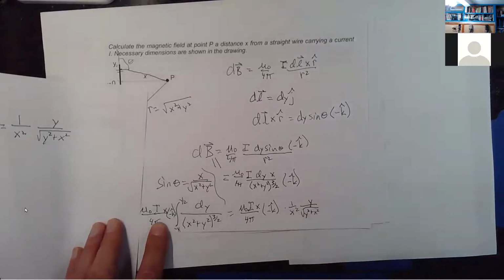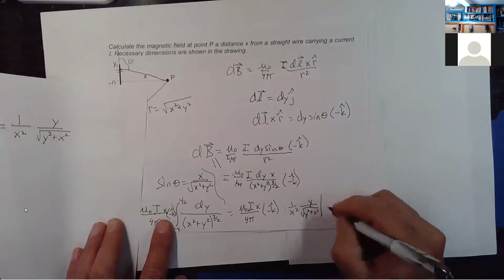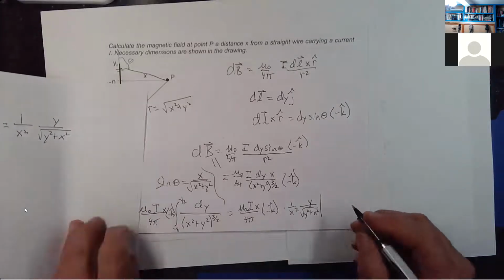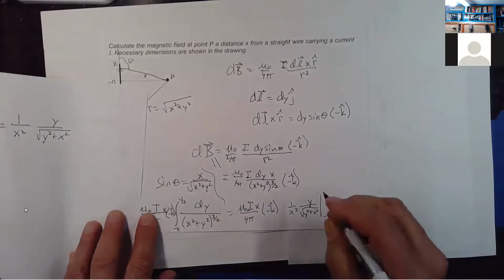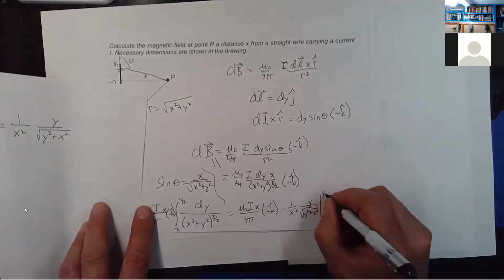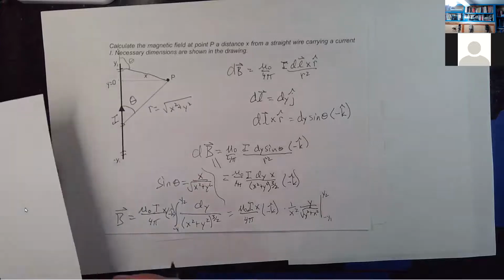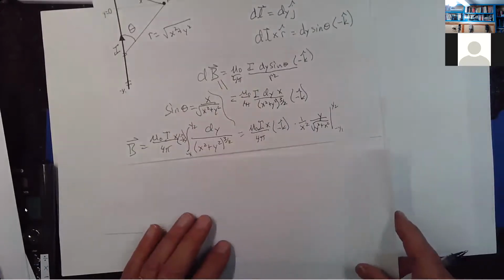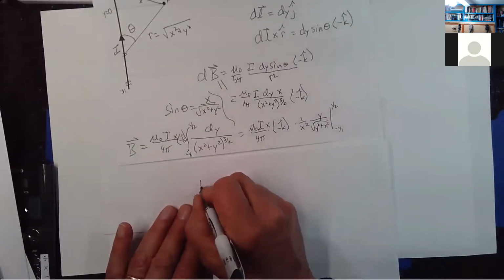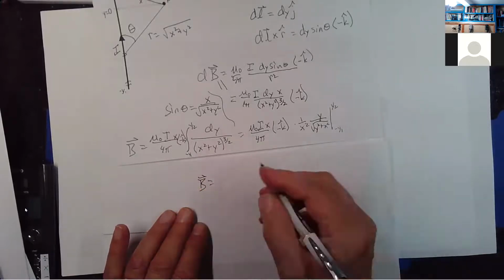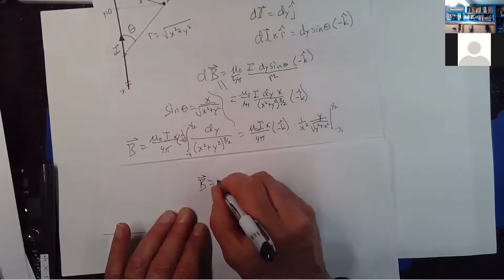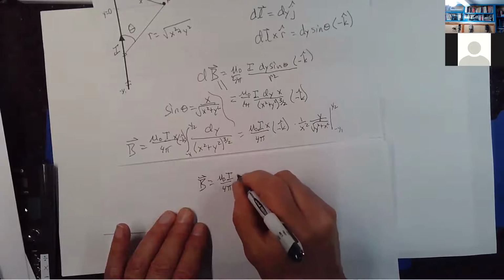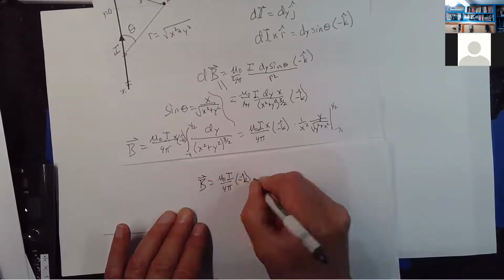And remember that y is the variable of integration, and I'm evaluating it at minus y1 and y2. Okay, let's see. I'm going to pull as much junk out front as I can. Mu naught I over 4 pi and minus k hat.